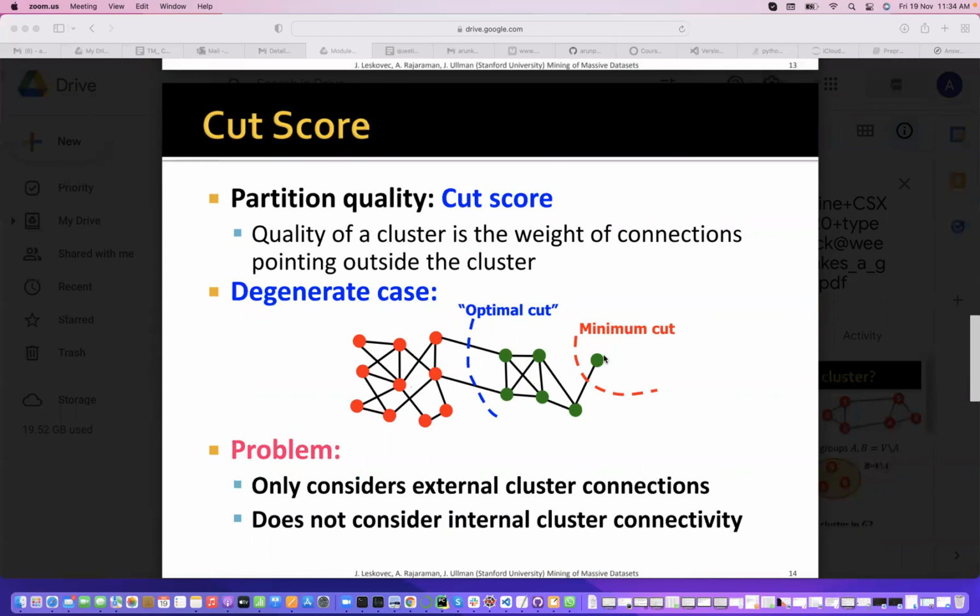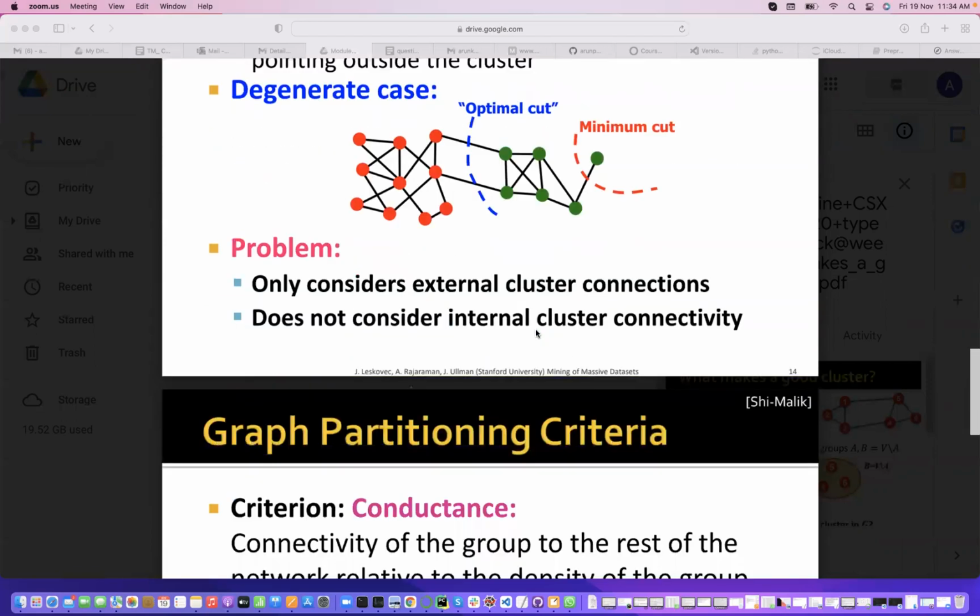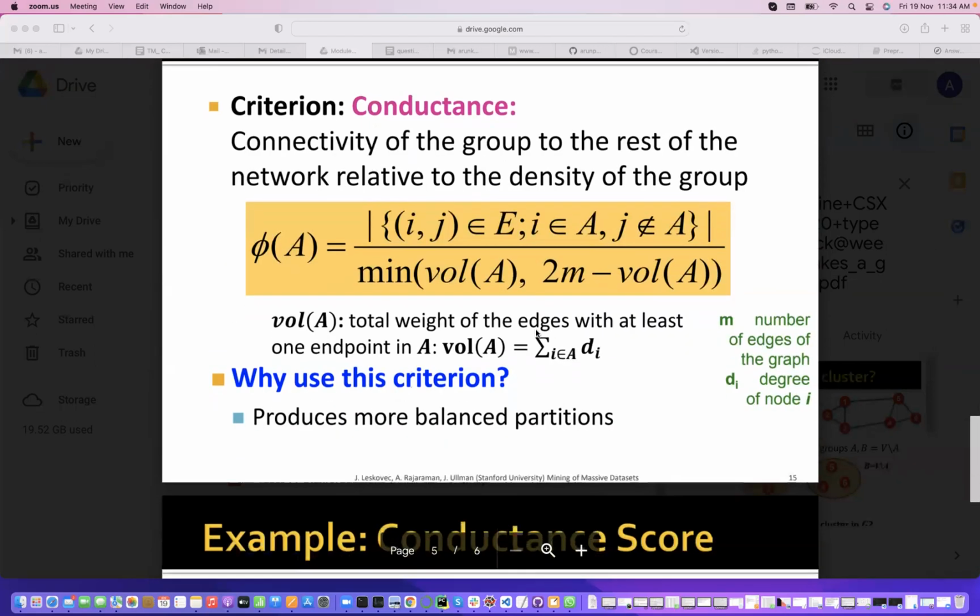But when you are making a partition, outside also it should be well connected. Then only they form two clusters. To avoid that problem, the denominator is trying to say volume of A.